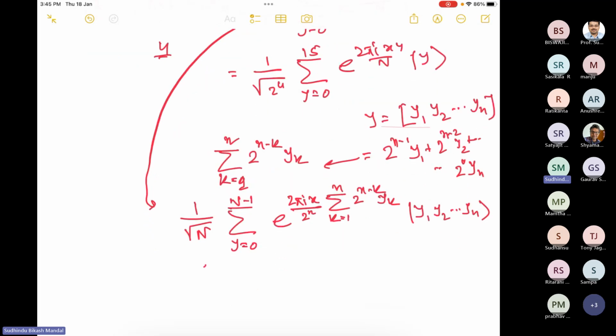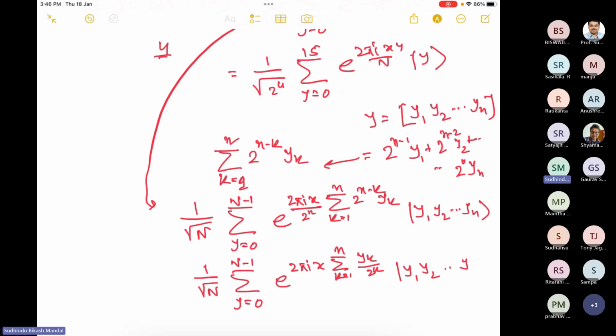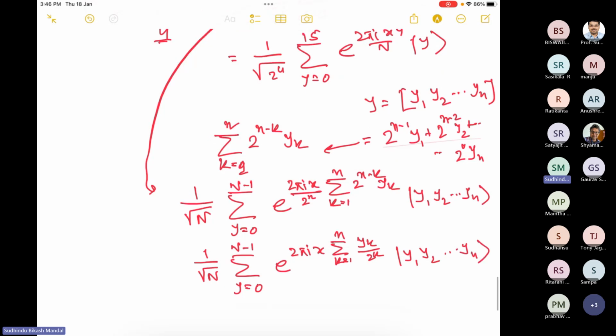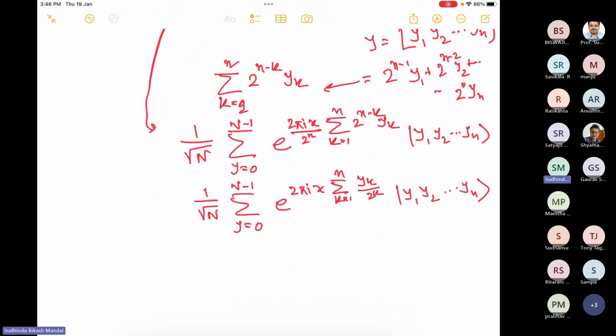So let us do some computation here. This 2 to the power n, if we shift it, then we get e to the power 2 pi i x, sum over k equal to 1 to n. Obviously the powers will cancel out, leaving yk by 2 to the power k, for y1, y2, up to yn. So this is our expression.